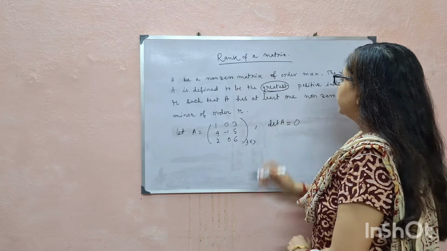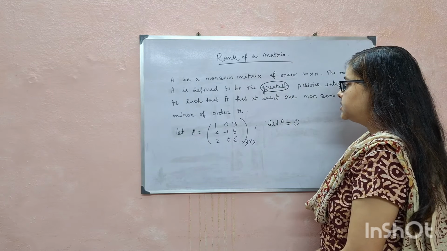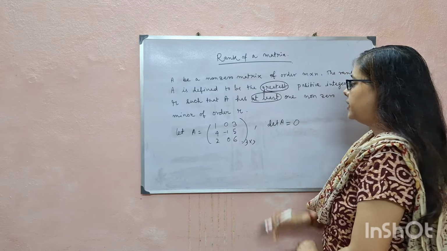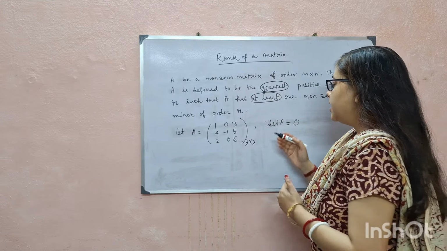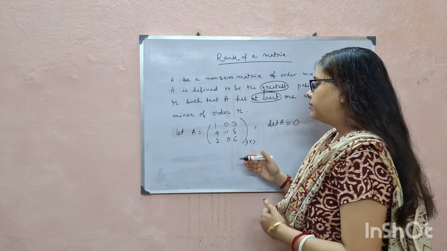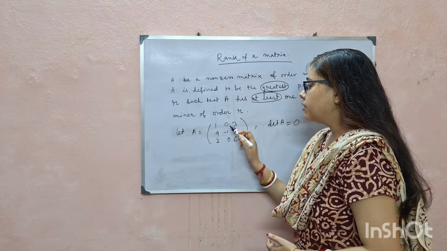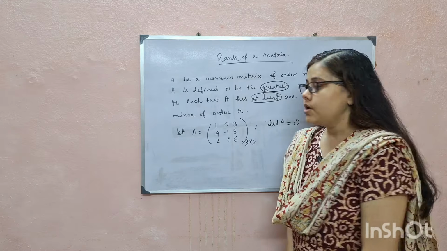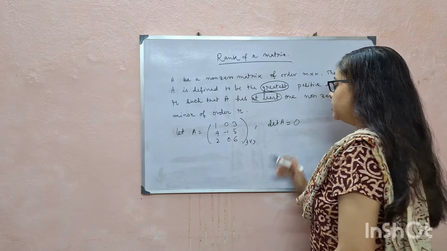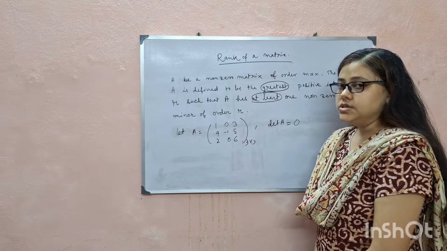remember these two terms: greatest positive integer and at least one non-zero minor. So if the determinant of A equals 0, then we will have to find out a second order non-zero minor. Here if you calculate, the determinant of A will be 0.